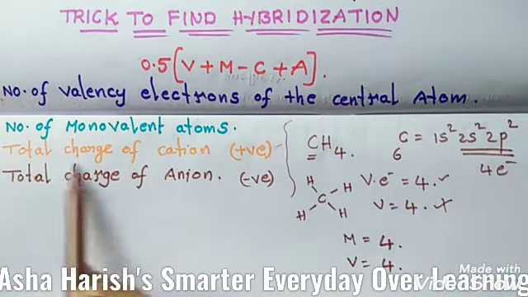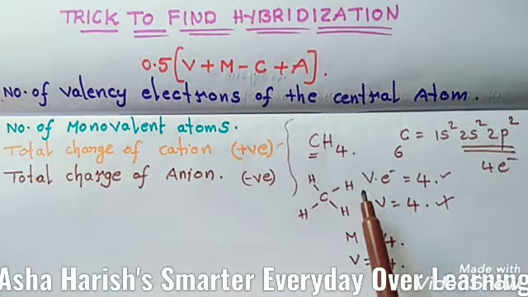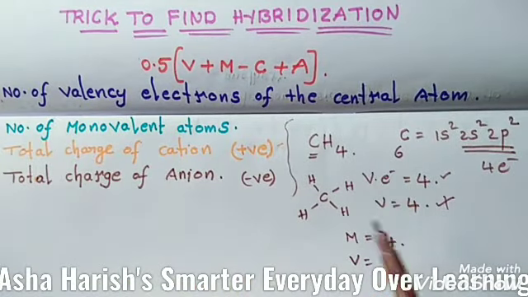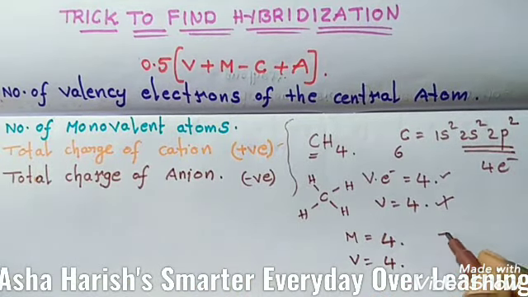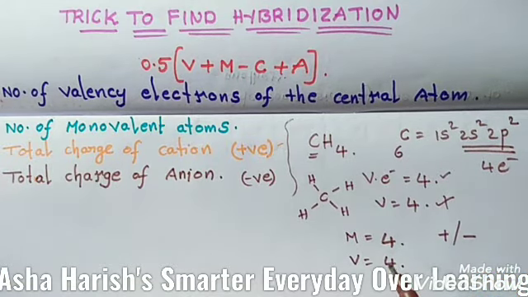Now see the total charge of cation. Here there is no ion; there is no cation and no anion, so simply ignore this, because there is no positive or negative charge on the compound.